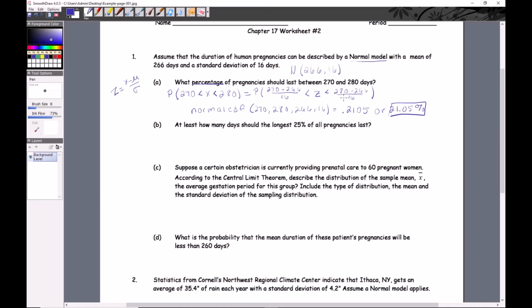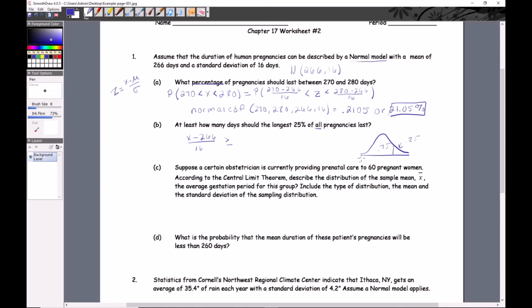So at least how many days should the longest 25% of all pregnancies last? Again, this is not referencing any sampling. So I need to figure out x minus 266 divided by 16 should be greater than or equal to some Z value where we have 0.75 below, so that'll be 0.25 above.